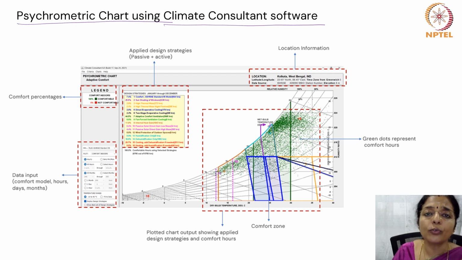The software then gives detailed design guidelines for each specific zone and comfort level. This chart provides a very clear strategy, and this current one that you see is based on Kolkata's climate data to improve thermal comfort through passive and active measures tailored for various times of the year. So here you have the comfort zone.